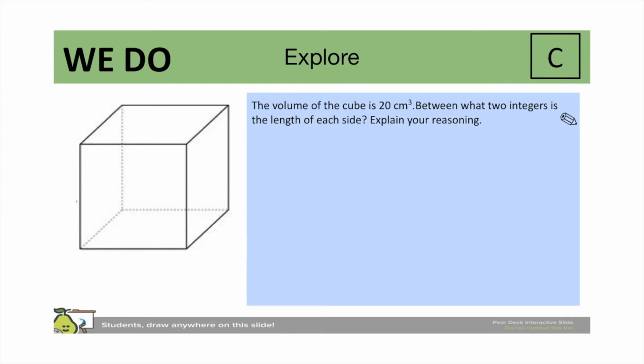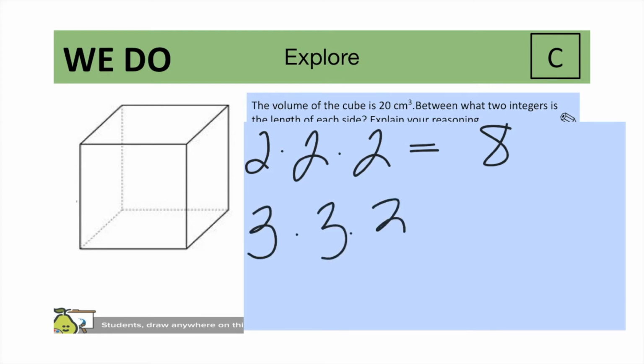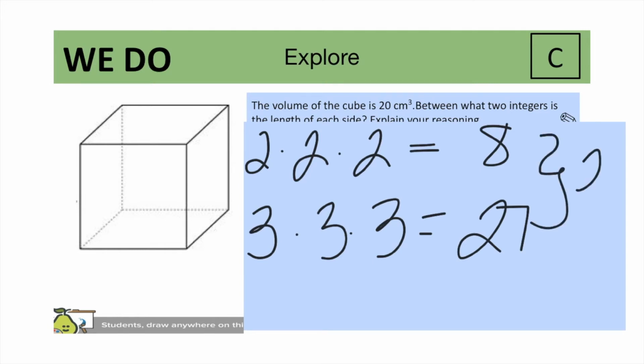So students would think that my perfect cubes are 2 times 2 times 2, which is equal to 8, and 3 times 3 times 3, which is equal to 27. 20 is in between these two values, so they would say that the length of each side is between 2 and 3.